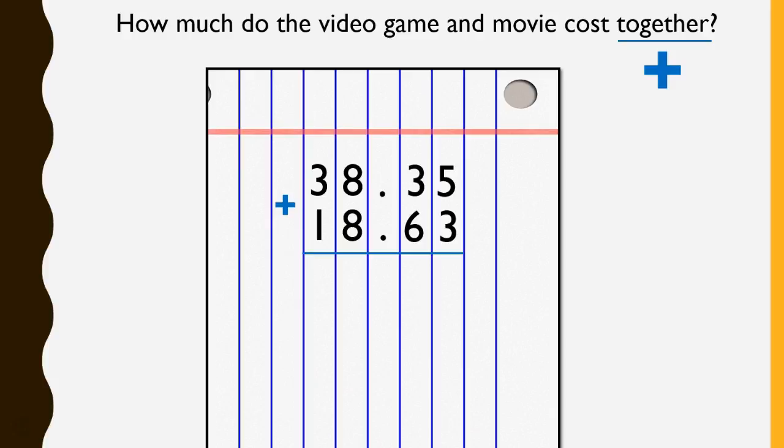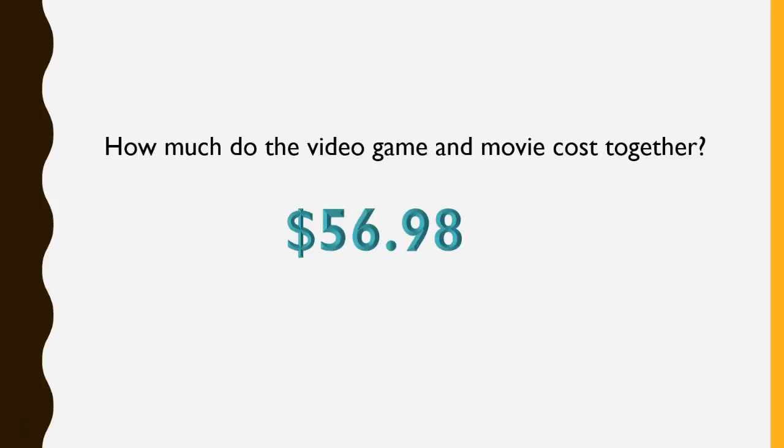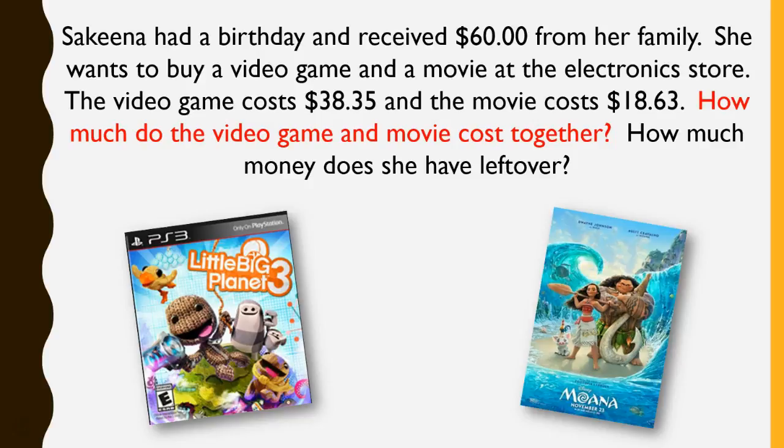Okay, and then this is an addition problem. And then you simply just go through the steps of adding. 5 plus 3, 3 plus 6, don't forget your decimal, 8 plus 8, and then 1 plus 3 plus 1. And there is our answer. So how much do the video game and movie cost together? $56.98. Oh, right, so we have that part. So that was the answer to that question.